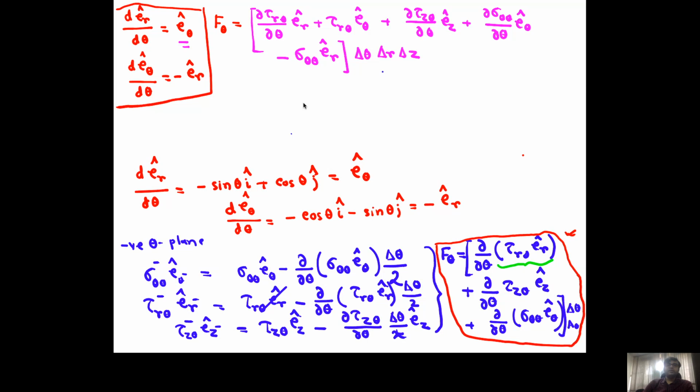So we are going to take 1 by r outside. So this will give me 1 by r. And now we are going to couple this together, like there are two er, so we are going to write them together. So that is del tau r theta del theta minus sigma theta theta.